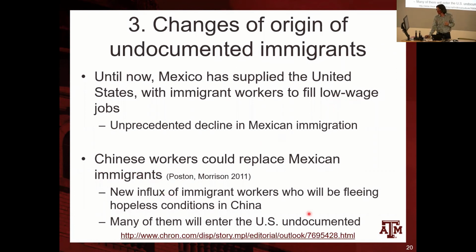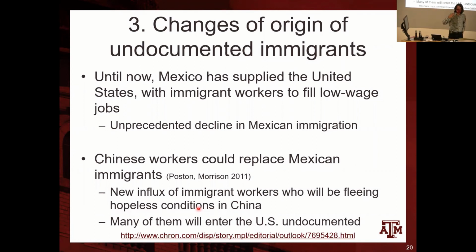The new influx of immigrant workers who will be fleeing hopeless conditions in China, many of them will enter the US undocumented. How do they enter undocumented? Just as I mentioned before, they enter as a tourist with a tourist visa or something, and they overstay their visa. And a lot of them will take these low-paying jobs because they would have better conditions than they would have if they stayed back in China.